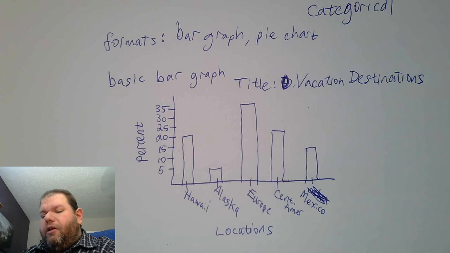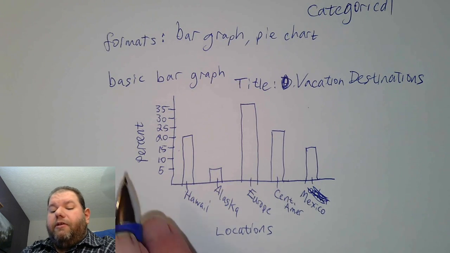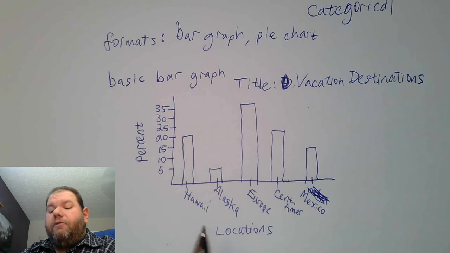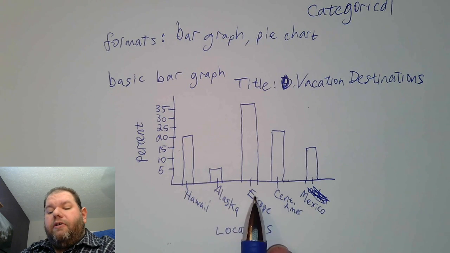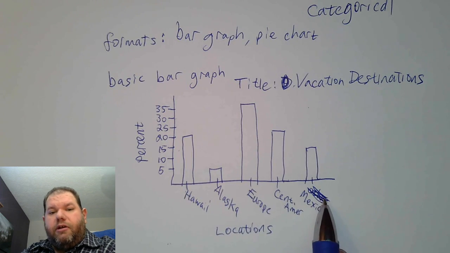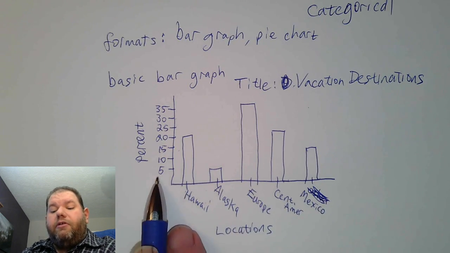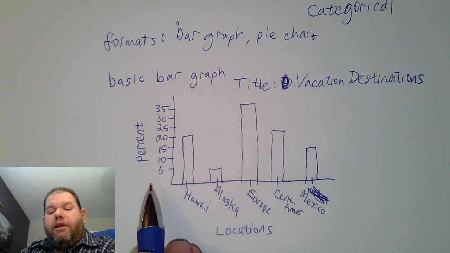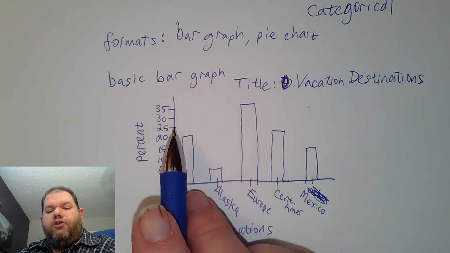So we wanted to make sure we labeled the 2 axes. We made sure to label the different outcomes here, and then on the other axis, either how many or what percentage. It could go either way.